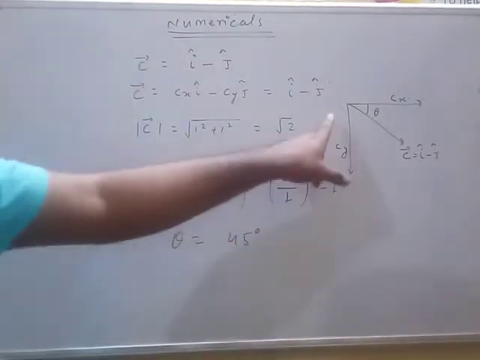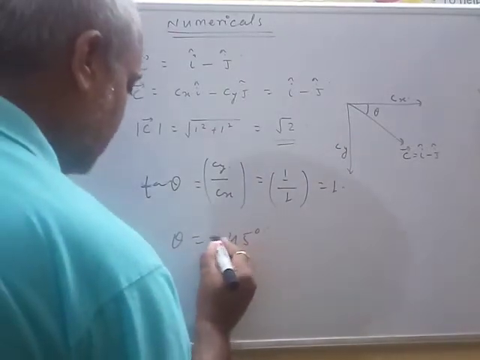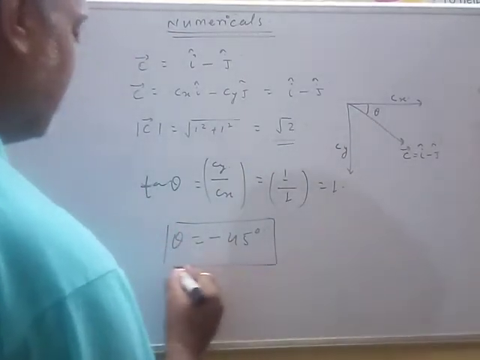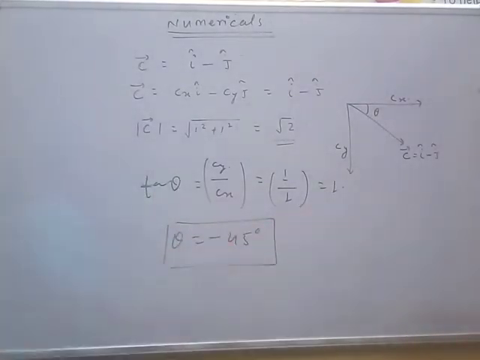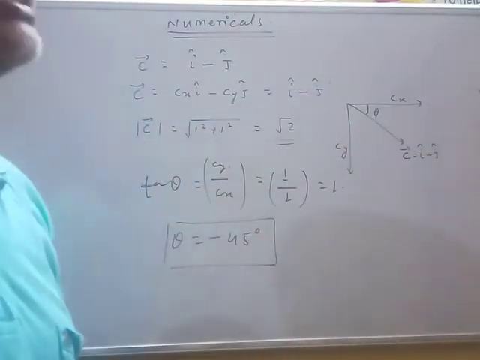But here j is negative and therefore we will use theta as minus 45 degree. This minus tells only that the angle is measured below the x-axis.